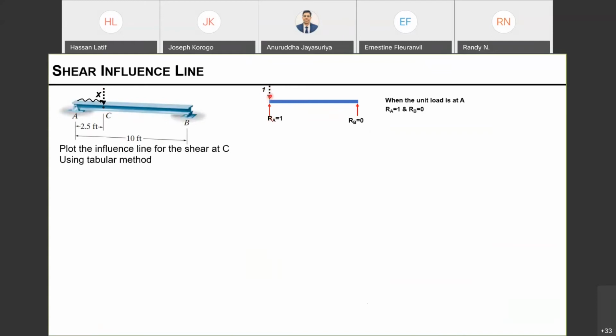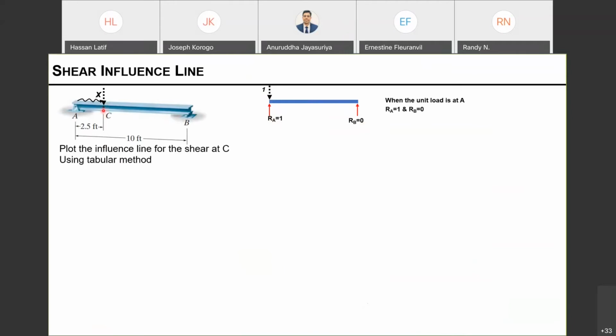Now we have found the reactions here, okay? So the next thing is to look at the shear, because that's what we are interested in.